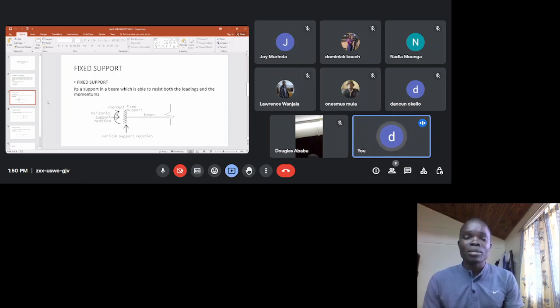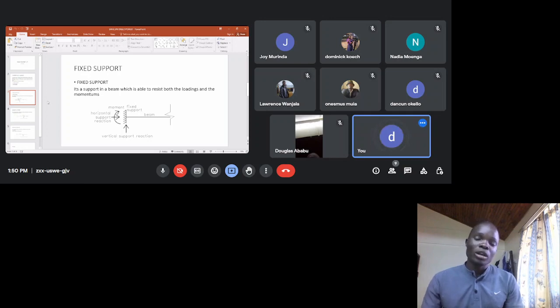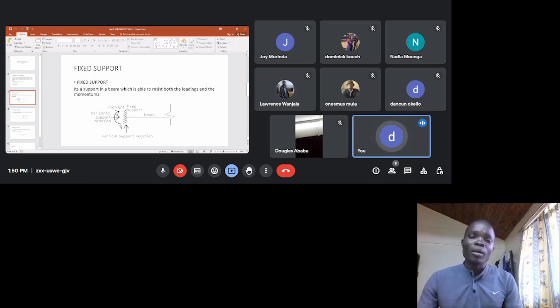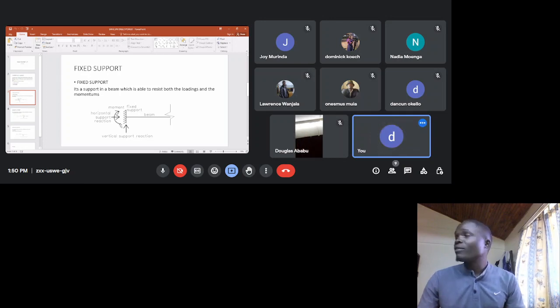The loadings which can be resisted are both the vertical and the horizontal loadings. If you look at the diagram on your phone, you will see how a fixed support looks. We have the beam, we have the support, then we have the moment, the horizontal support, and the vertical support.